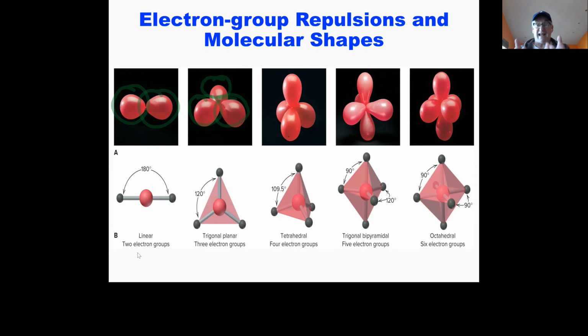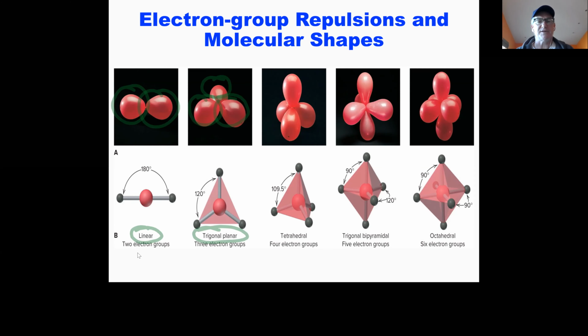And so the most stable form are these basic geometric groups. We have linear, we have trigonal planar. Those things are basically 2-dimensional, so they're all in a plane.